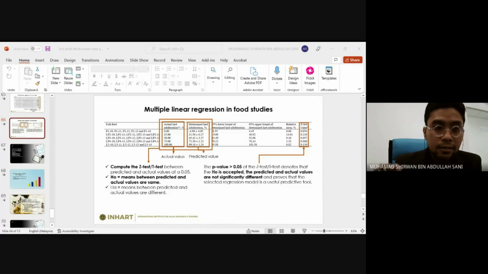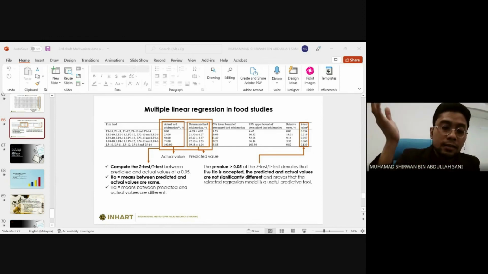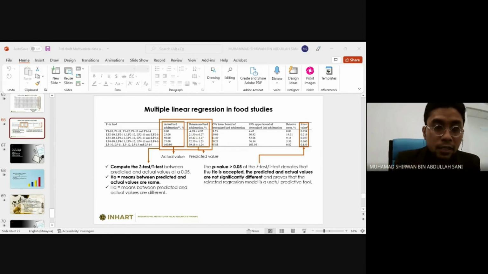As a recap, yesterday we learned about the prerequisites of multiple linear regression and multivariate data analysis in food study. We removed the outliers, removed missing data, treated anomalies, and ensured the data reached a KMO value of more than 0.5. Then we moved to PCA, principal component analysis, identifying the significant variables using factor loading.